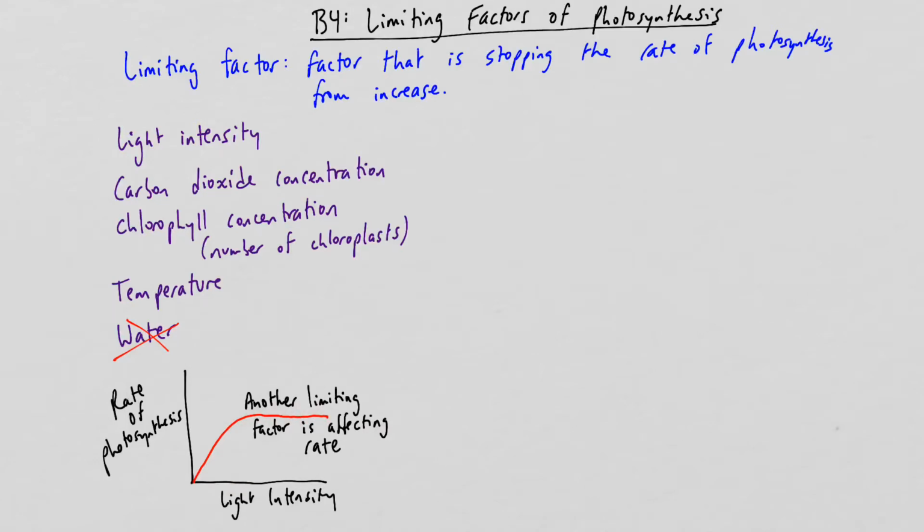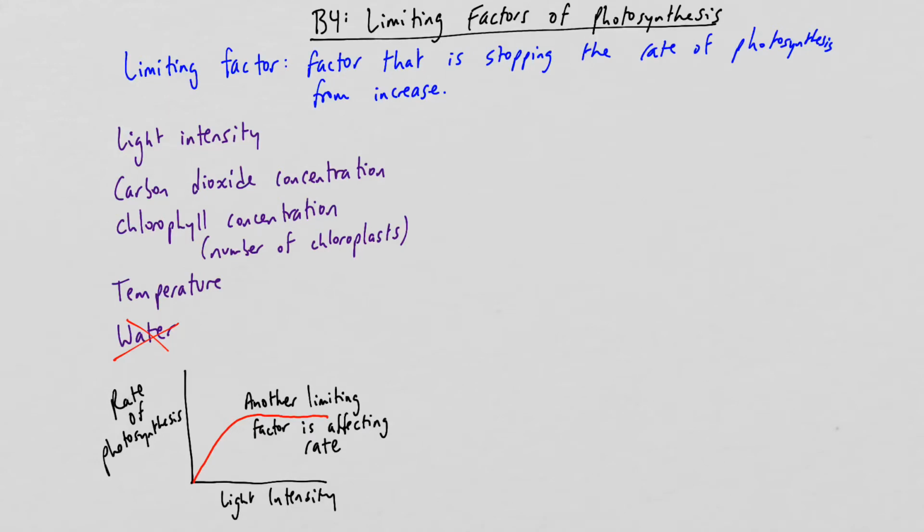Really important to point out that the rate of photosynthesis has not stopped here. It's still up here, it's still quite high. If the rate of photosynthesis had stopped, it would be back down at the x-axis. It's just that no matter how much more light is provided to the plant, the rate's not going to increase because there's another limiting factor at play.